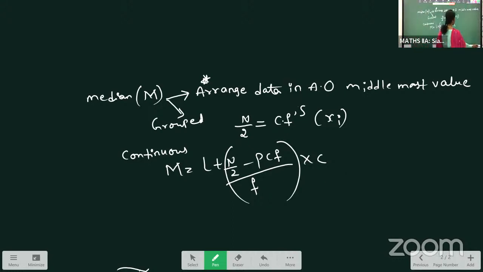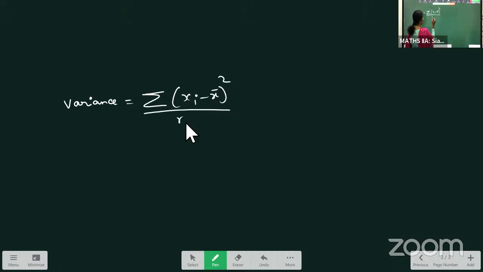One more is variance. If it is for ungrouped data, variance is sigma xi minus x bar whole square by small n. If it is for grouped data, variance is denoted by rho square.